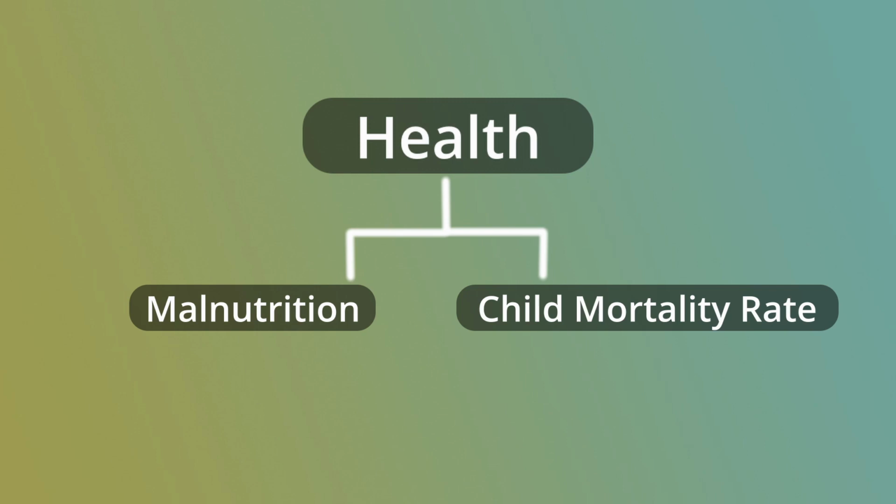In the standard of living dimension, there are as many as 6 indicators: asset, electricity, housing, cooking fuel, sanitation, and drinking water. These are the indicators under the standard of living dimension.